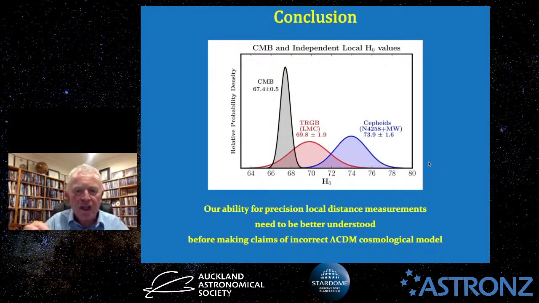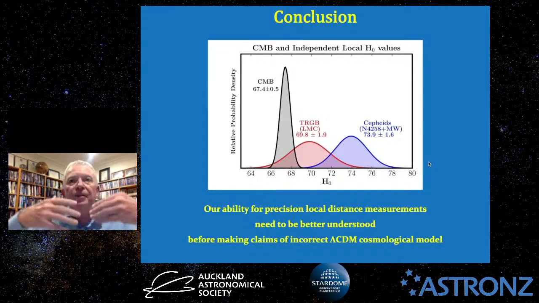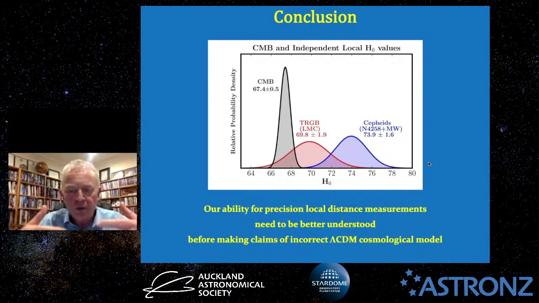And that message is that our ability for precision local distance measurements, the late time measurements to galaxies within our local universe, needs to be better understood. There are still some unknown errors sneaking in. And I think we should be looking at that before we start throwing around claims about maybe we haven't got our models of the cosmological model of the universe and dark matter and dark energy right. No, they're well and truly proven.